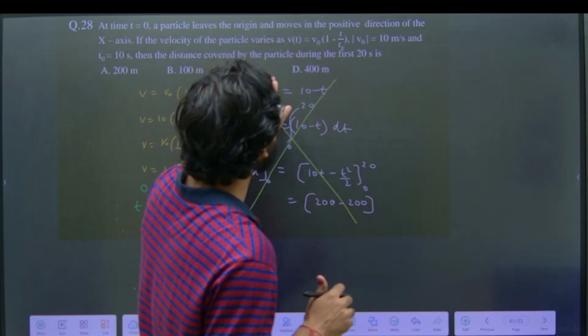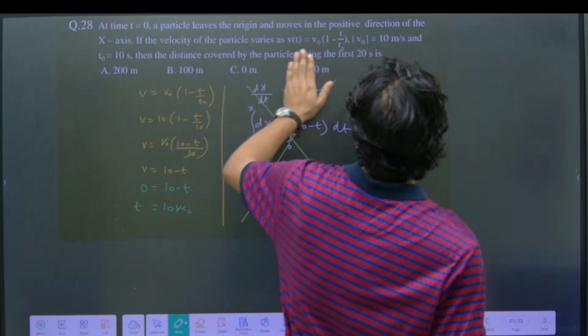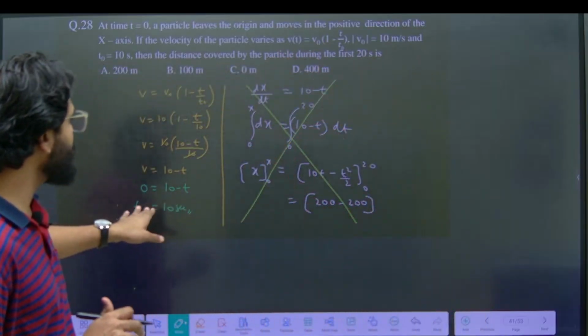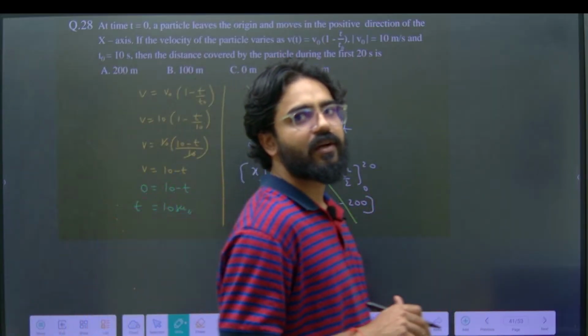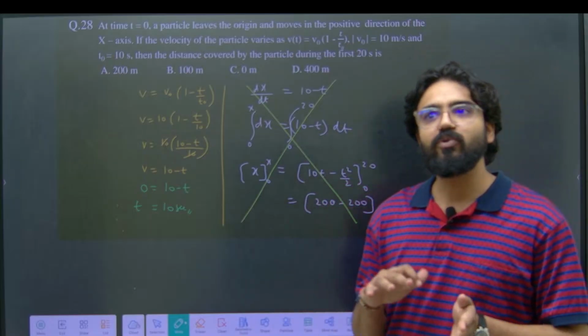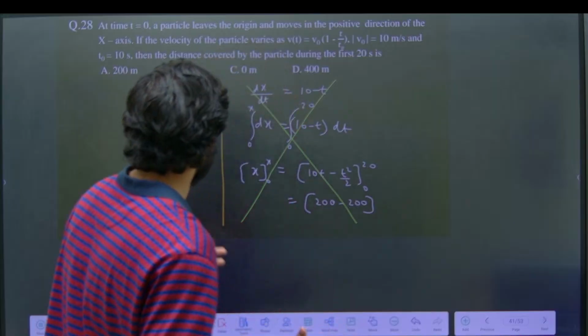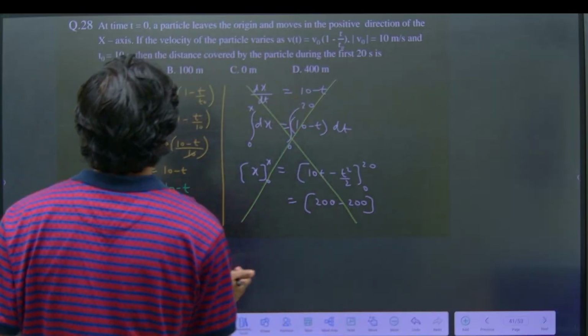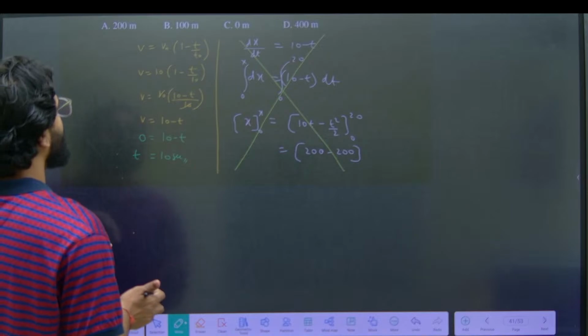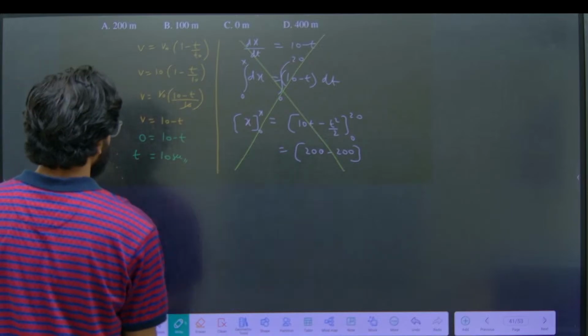He's asking for the distance between 0 and 20 seconds, and at 10 seconds the velocity becomes 0, so we have to calculate 0 to 10 and 10 to 20 separately. We have to do integration, with two limits.